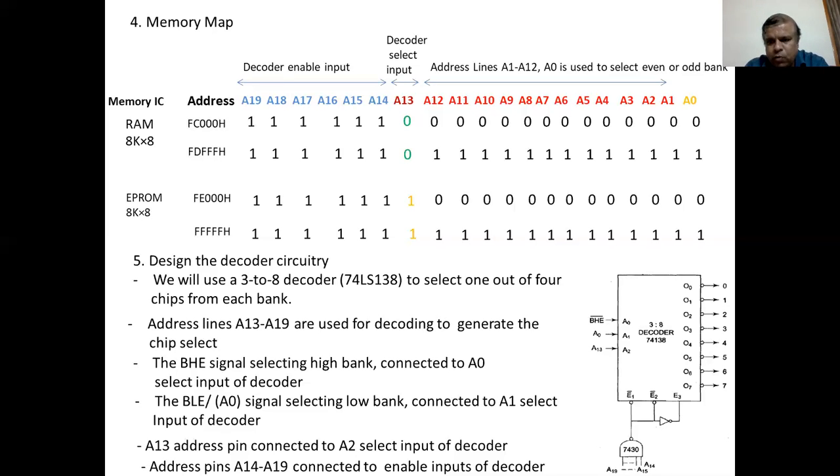For the output to become low, these enable inputs E1 bar, E2 bar, E3 must be active. To be active, you must make E1 bar logic 0, E2 bar logic 0, and E3 logic 1.